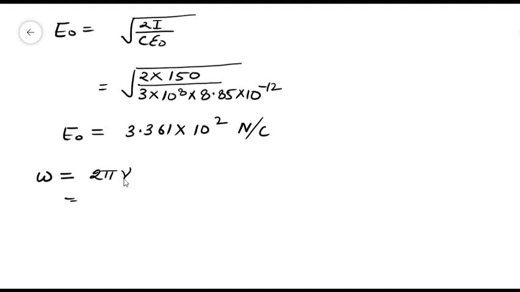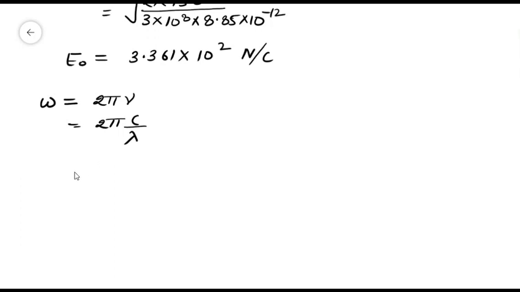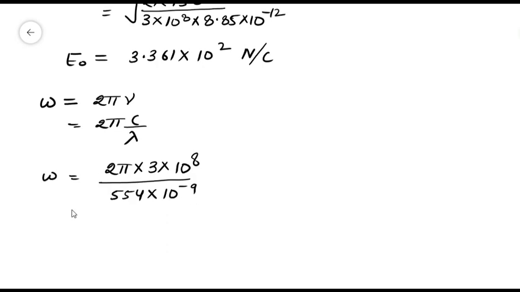The relation between frequency and wavelength is nu equals c over lambda, so omega will be 2 pi times 3 times 10 to the power 8 divided by the wavelength. The wavelength was given as 554 nanometers, that means 10 to the power minus 9 meters.